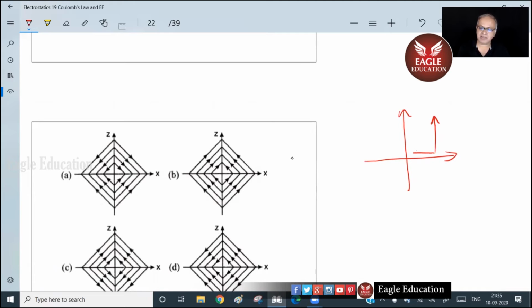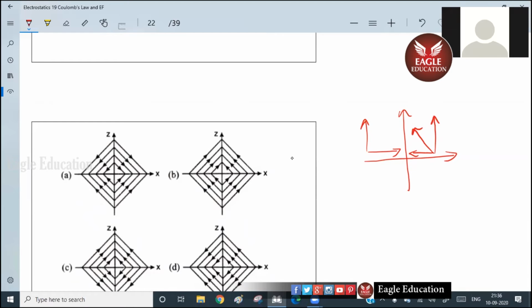This is minus, right? So where is the field direction here, Bharat? This way, right? Yes, sir. And for this, it is this way. And for this, away like that. Isn't it so? Yes, sir. So field lines are this way.